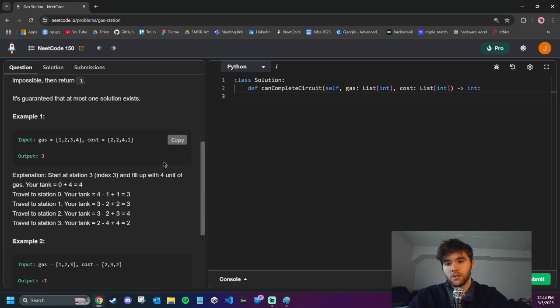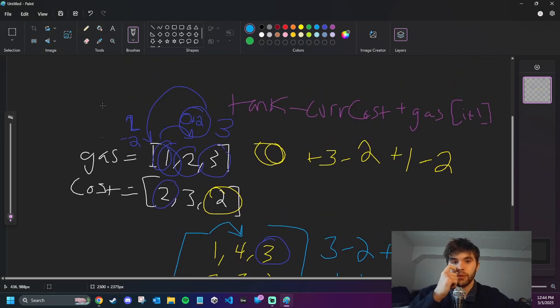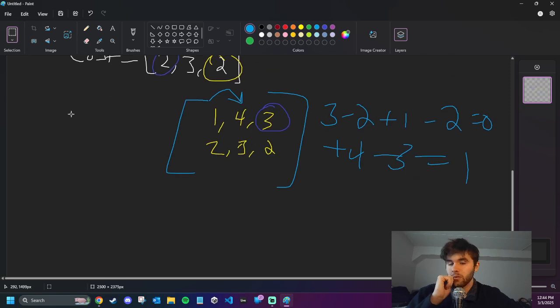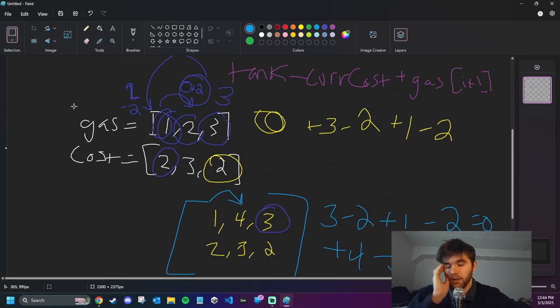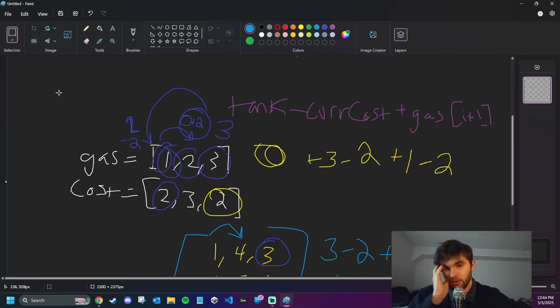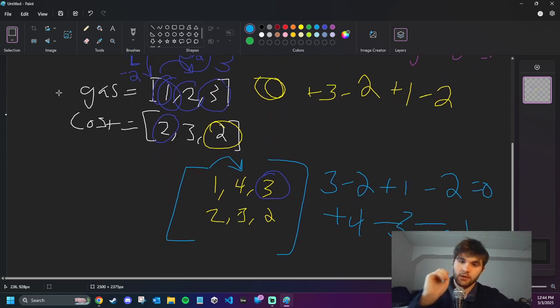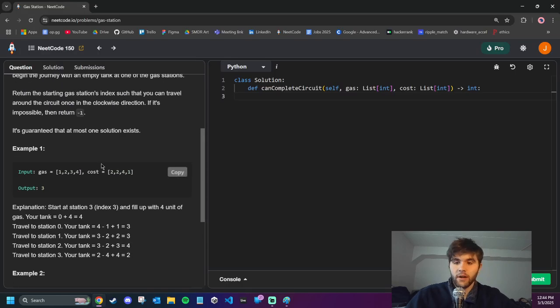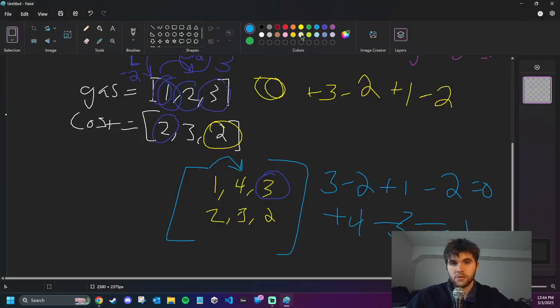Okay. So I could definitely code up the n squared solution. So what is greedy about this problem? We want to maximize our tank. So I noticed in this, it just starts with the one that has the biggest. So, okay, the total cost of the circuit never changes.